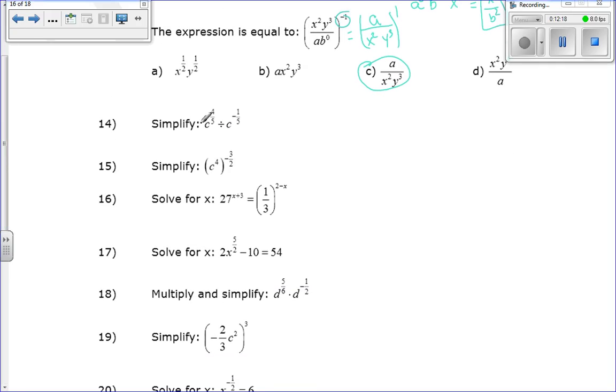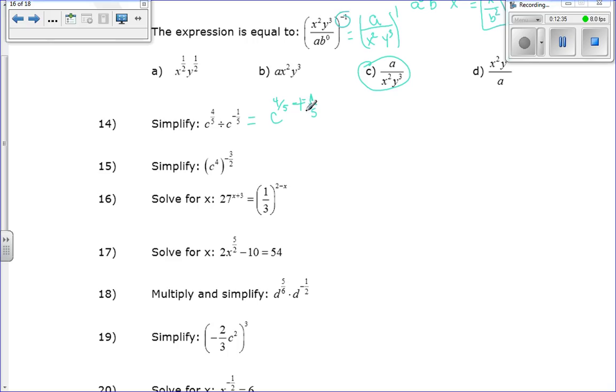For 14, we're just following our rules of division. When we divide, we subtract exponents. So we'll get c to the 4/5 minus a negative 1/5.